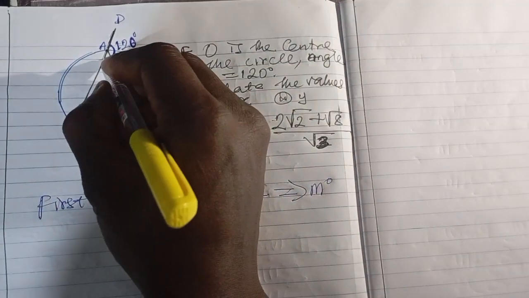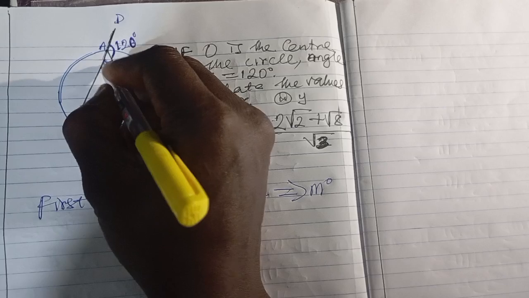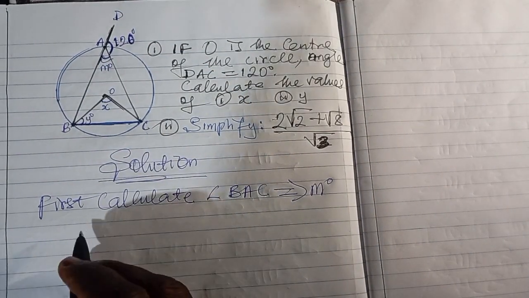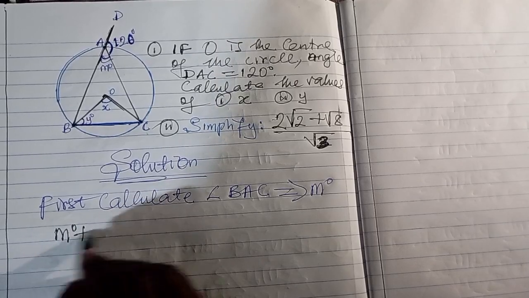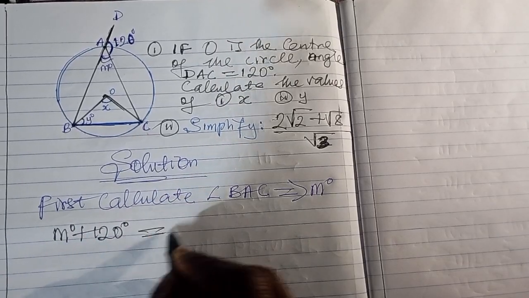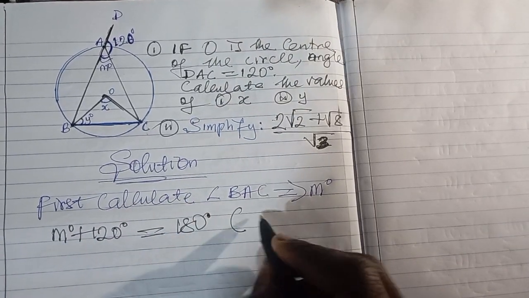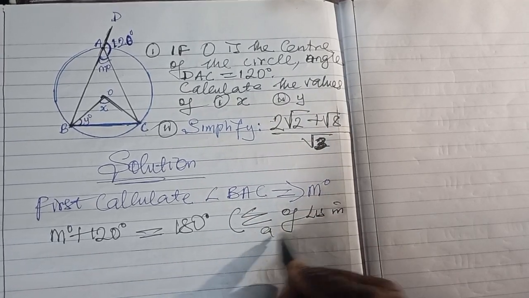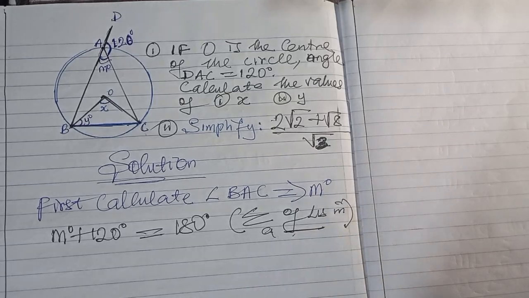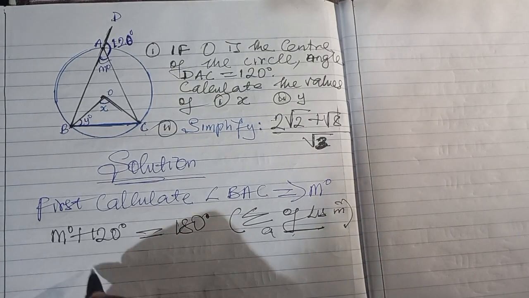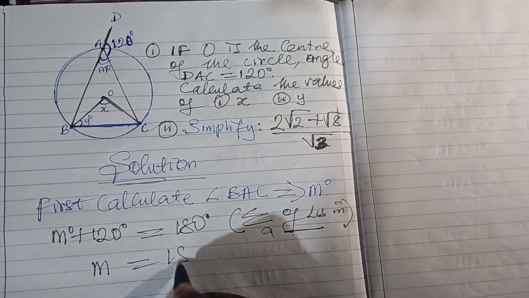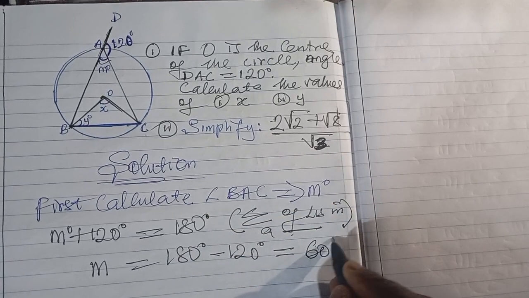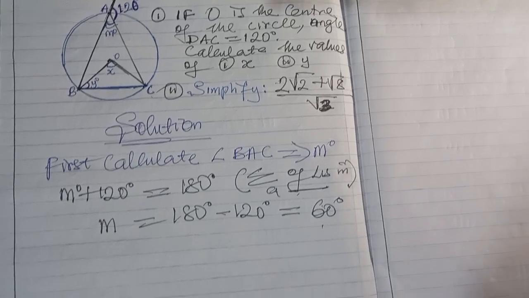So m degrees plus 120 degrees will give us 180 degrees. That is sum of angles in a straight line, so m will be 180 degrees minus 120 degrees. This is 60 degrees.